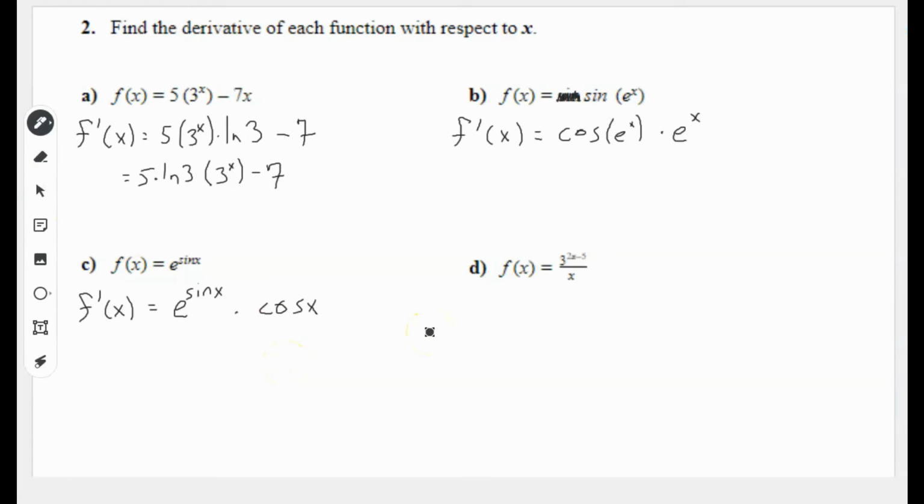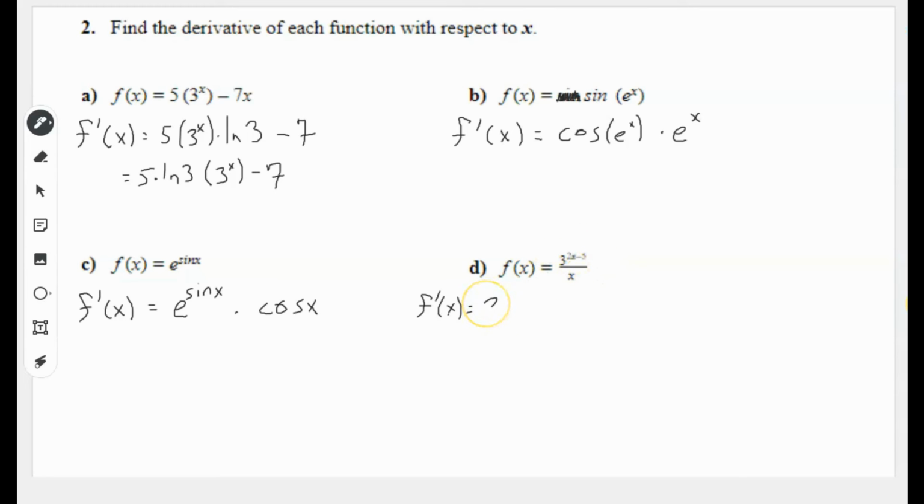So for our last example, you have a choice. You can either change x to an x to the negative 1 and put it on the numerator and use your product rule, or you can leave it on the denominator and use your quotient rule. I'm sort of a fan of the quotient rule, so that's what I'm going to do. Alright, so f prime of x equals, if we're applying the quotient rule, we're just going to do the derivative of this general exponential.